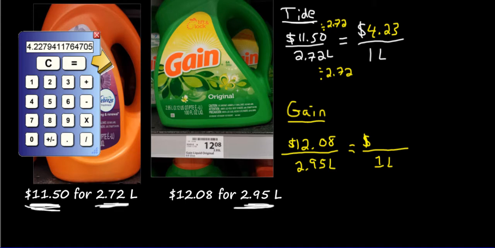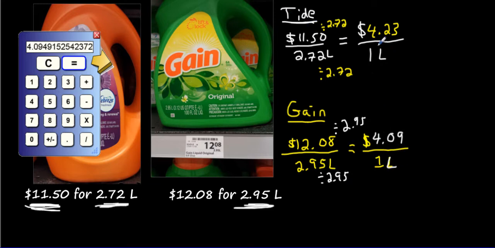So quickly punching this in, we had to divide this by itself. Anything divided by itself makes a liter. Divide this by the same number. Punch it in the calculator: 12.08 divided by 2.95. And we get 4.09. $4.09 for 1 liter.